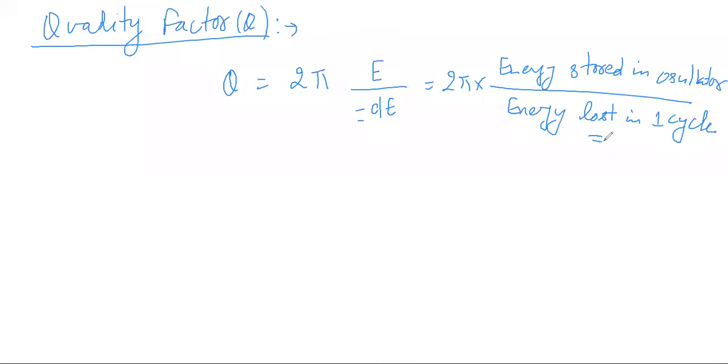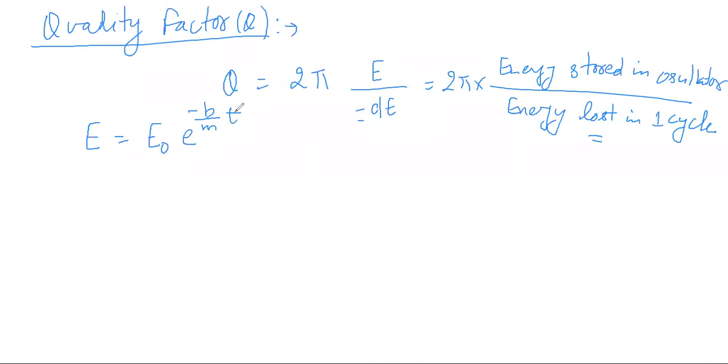Now let's get to the mathematical expression for this. We derived it for an ideal mechanical oscillator, where we found that energy is directly proportional to amplitude squared. Because we know the amplitude in the case of damped oscillation, if I want to write my energy, we had e raised to the power minus b upon 2m t for amplitude. If you take the square of that, you will have minus b upon m t. This would be your expression for energy.